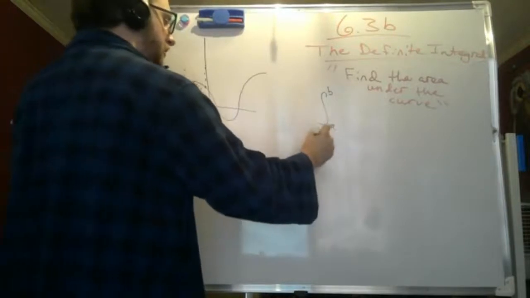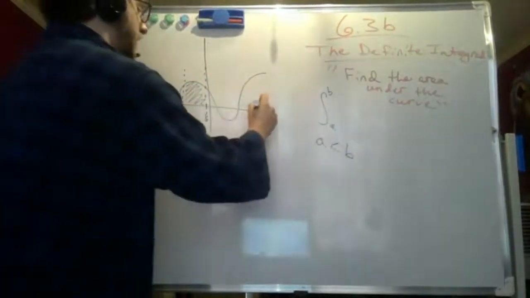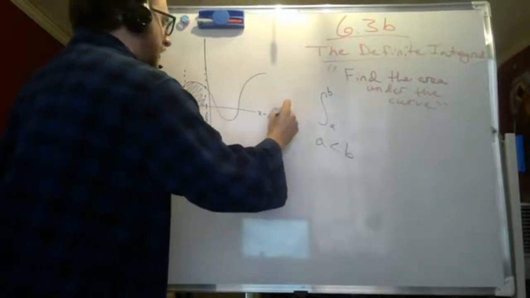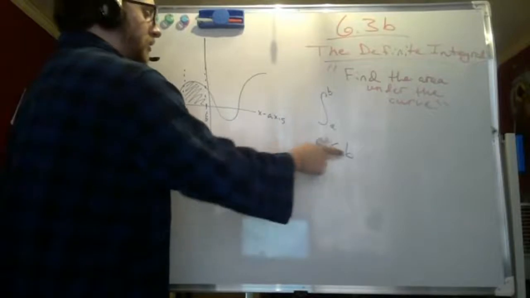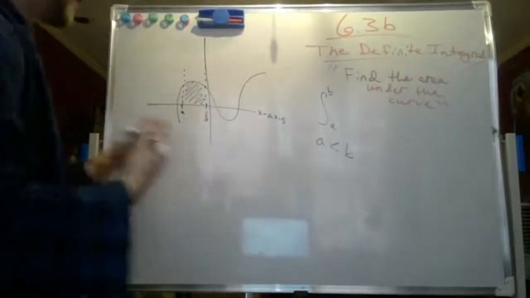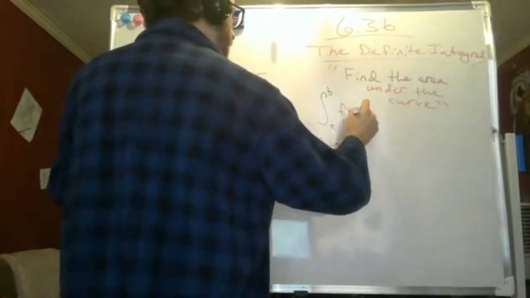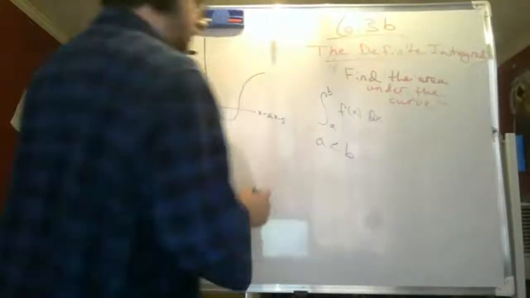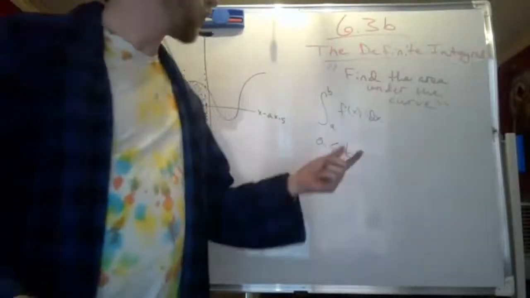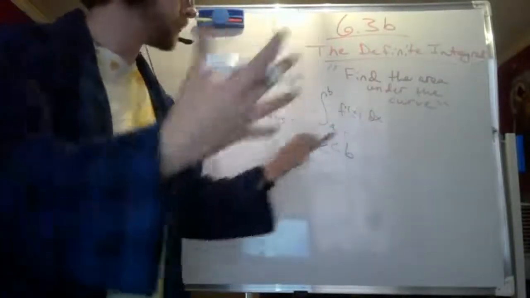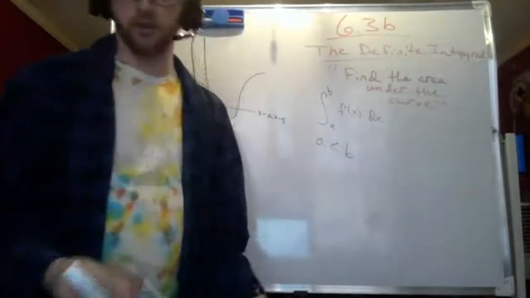So A is less than B. It's assumed from left to right, when we're looking at the x-axis, that A is some number to the left of B. So A has to be smaller than B. So we're integrating from A to B of f of x dx. And so there you go. This is the formal symbolic notation for how to write the definite integral.